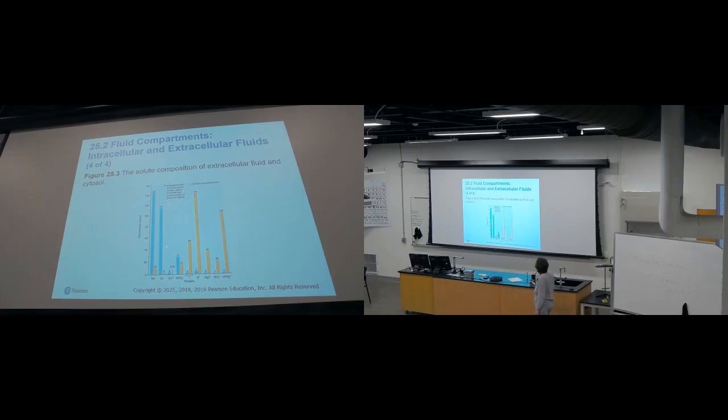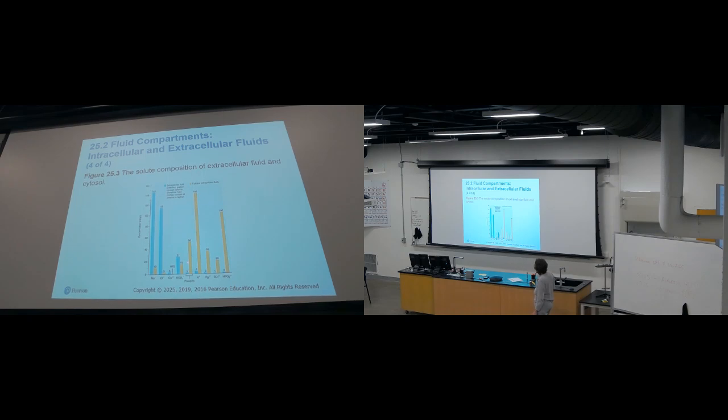And then for chloride, 117 out and only 3 milliequivalents in. And then for calcium, we have 3 milliequivalents outside the cells, 0.02 inside the cells. Bicarbonate, 27 milliequivalents outside the cells, inside the cells, 15.